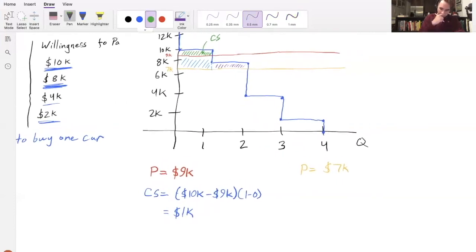Well, the green area we know before, right? So we know the area of the green. Well, that just equals 1K, right? That's the same thing from what we computed before. Sort of the light blue area, well, our rectangle goes from here 9,000 to 7,000.